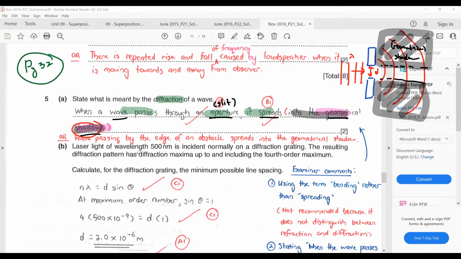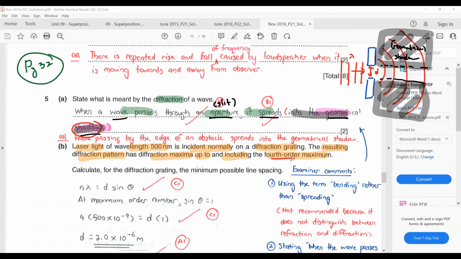Okay, so let's look at part B. It mentions that laser light of wavelength 500 nanometer is incident normally on a diffraction grating again. The resulting diffraction pattern has diffraction maxima up to and including fourth order.